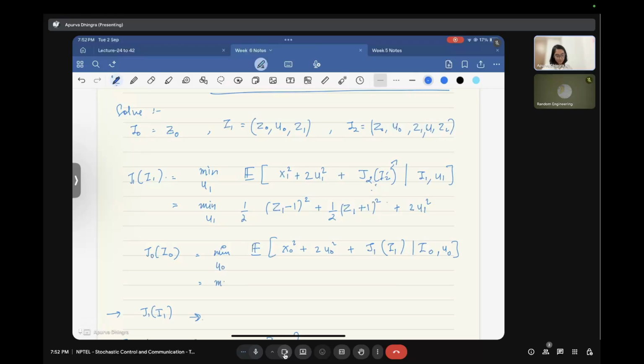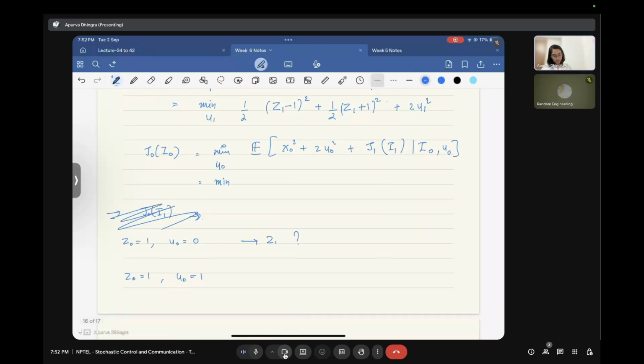We know z0 is 1, so we can write this as 1 minus 1, which is just 0, so there doesn't have to be this term. But okay, let me write it carefully first and then go to all the other stuff.